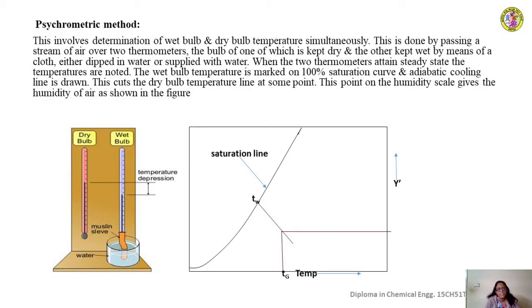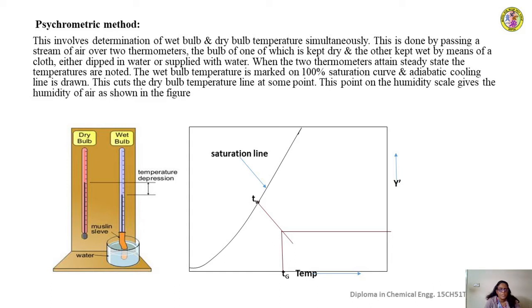So let us now see the psychrometric method. The psychrometric method requires a setup that contains two thermometers, one that is meant for estimating the dry bulb temperature, the other one for the wet bulb temperature.